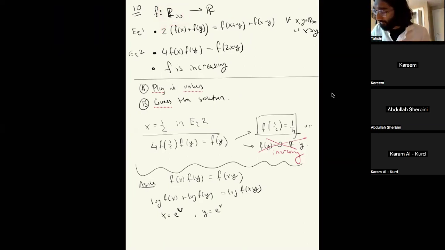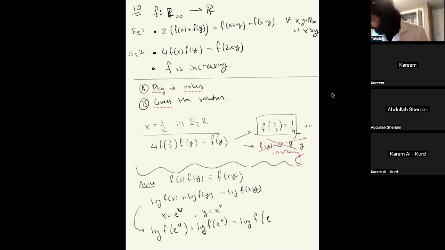Then this equation becomes log f of e to the u plus log f of e to the v equals log f of e to the u plus v. So now it's really a Cauchy equation. Does that make sense? Does it make sense what I've done here?